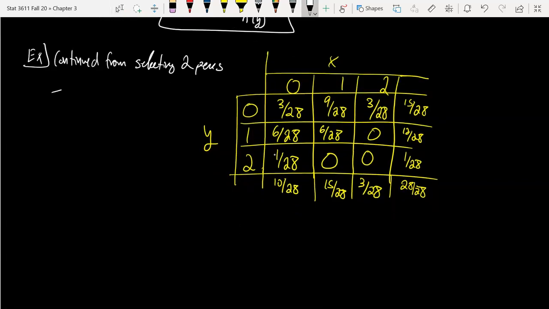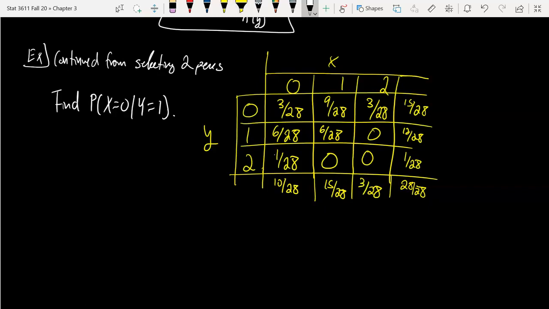Let's go ahead and find the probability that x is equal to 0 given y is equal to 1. There are a couple of ways that we can go about this.